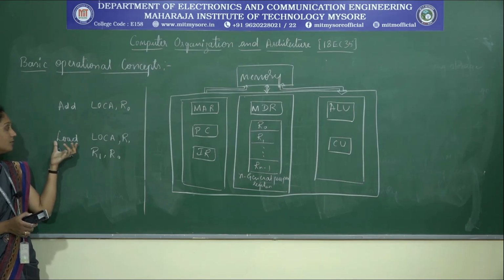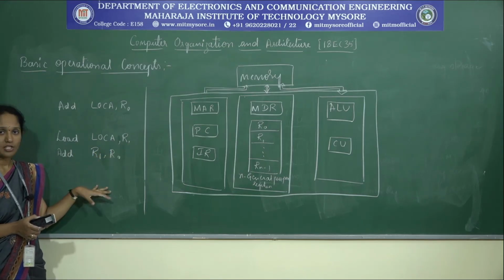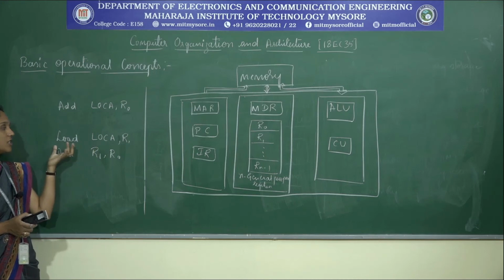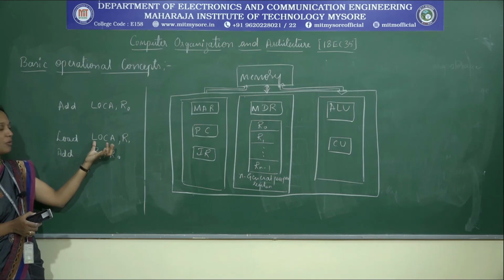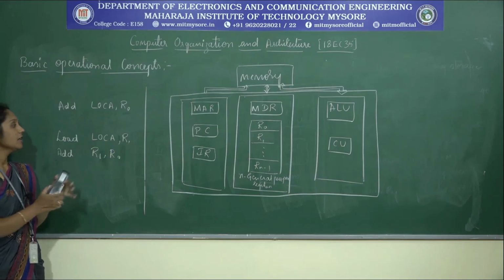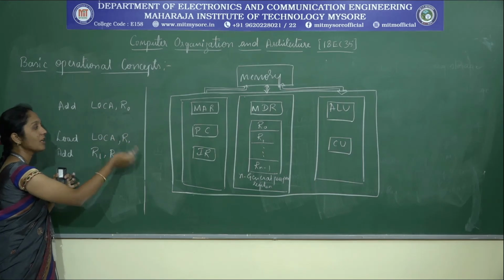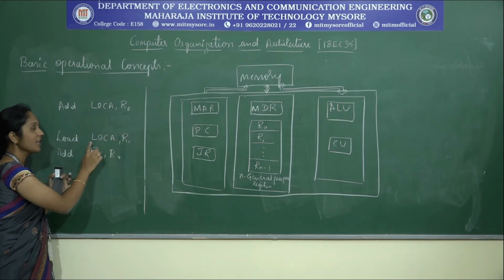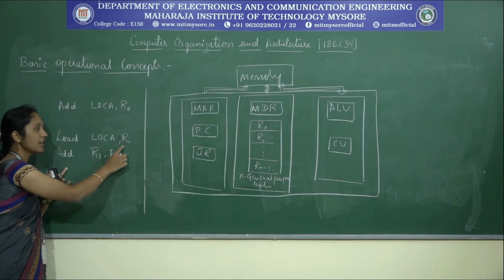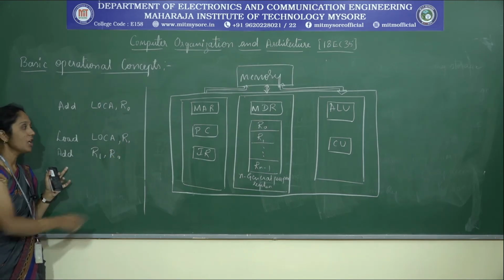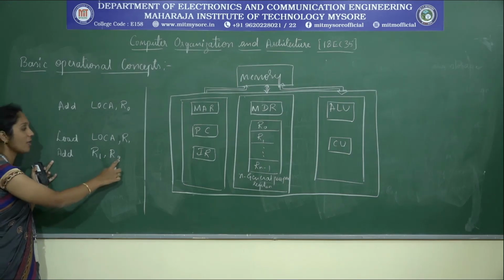Once this LOAD LOCA, R1 is fetched, the processor is going to read the location LOCA, and that data which is present in LOCA will be transferred to R1. So now R1 contains the contents of LOCA. The next instruction we have is ADD R1, R0.